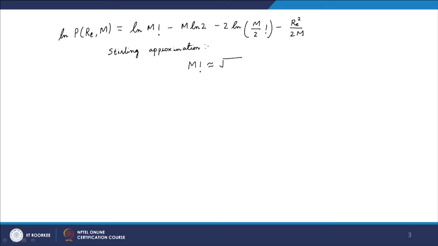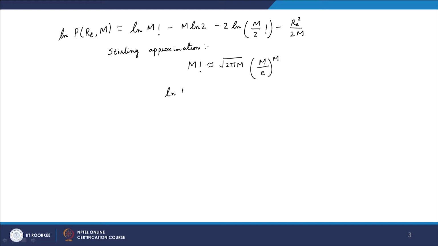So I can approximate, and you can try to see how it works for large values of m. It really works well for m higher than 20 or 50 and so on. Particularly, our polymers have really large values of m.